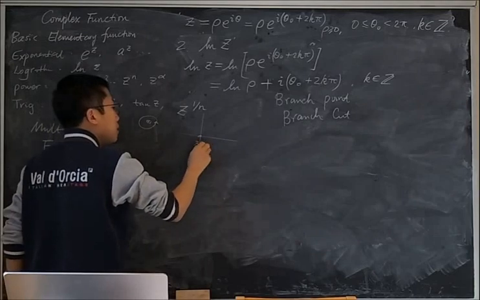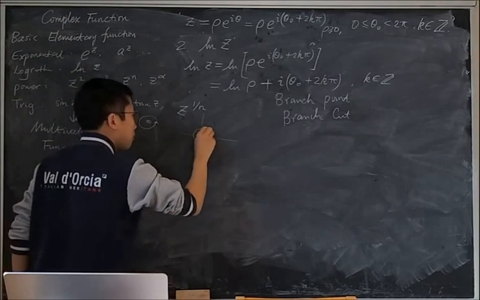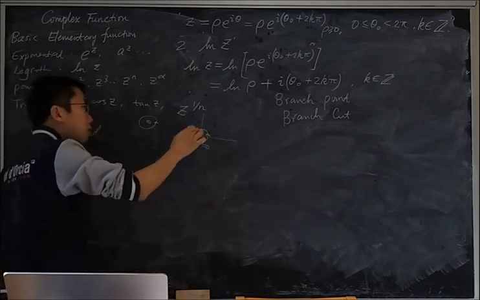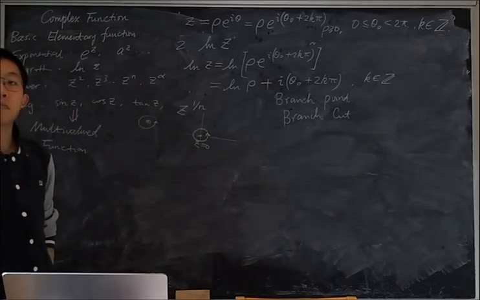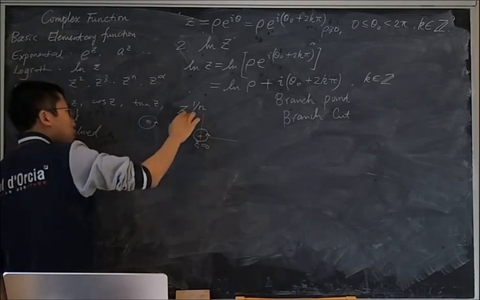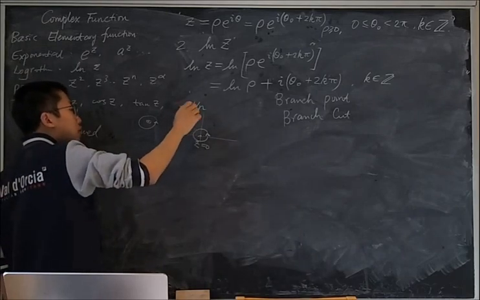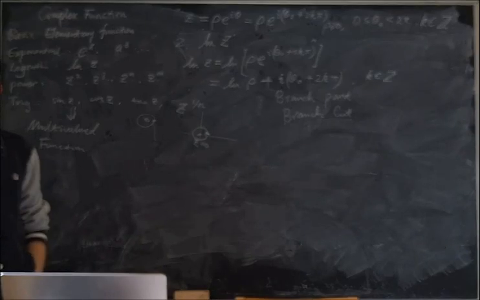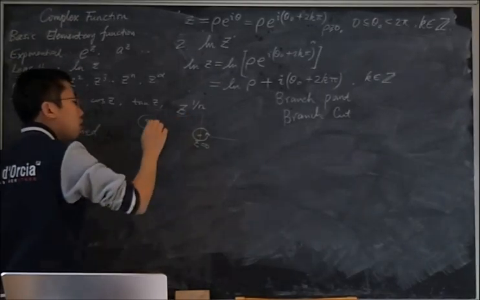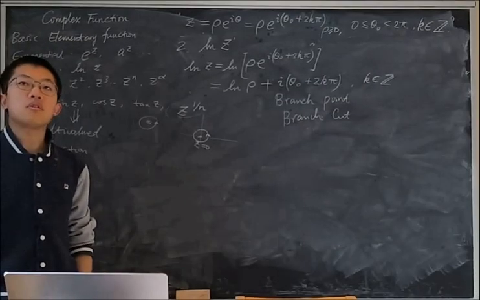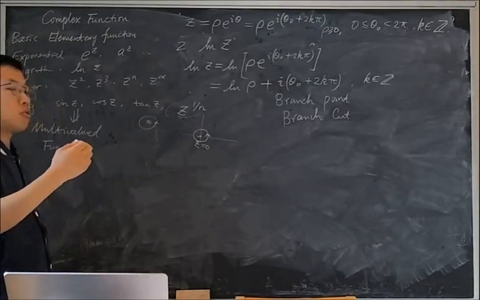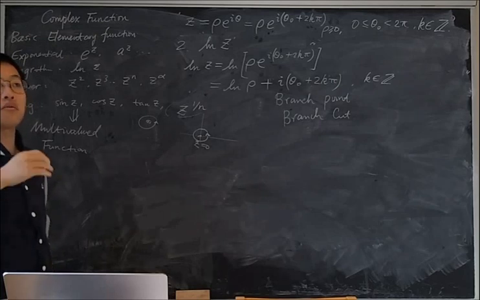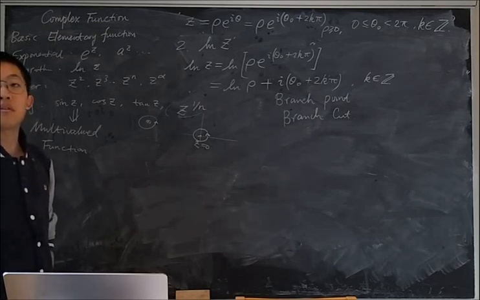Why? Because if you go around the circle like this, then you are actually increasing the argument by 2 pi. And when you take the root, 2 pi divided by n will be the actual increase in the argument in terms of this value. And obviously, if you just increase the argument by 2 pi over n instead of multiples of 2 pi, the value is not going to return to the exact value.